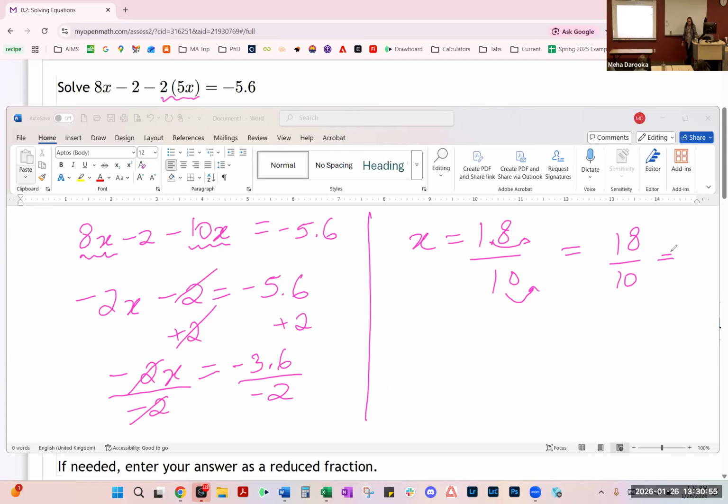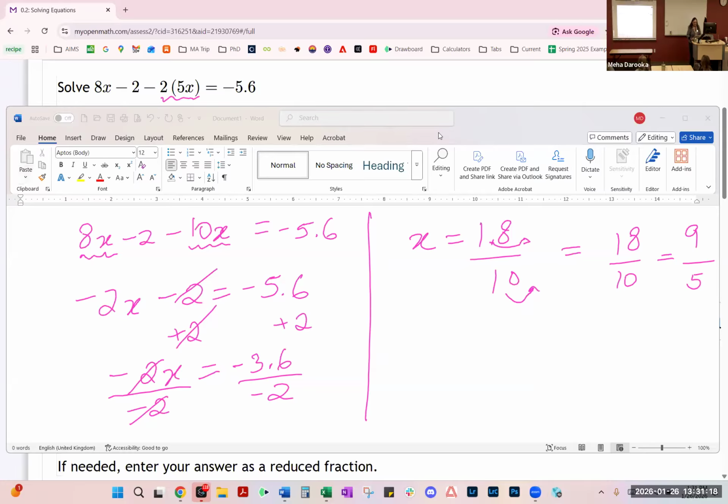So what would be common between 18 and 10? 2, right? Basically, yeah. So 18 would go into 2 9 times, and of course, 10 would go into 2 5 times. So you will see, Rodrigo, if you took that mixed number and convert it to a fraction, you'd get the same answer. Yeah. All right, 9 over 5.